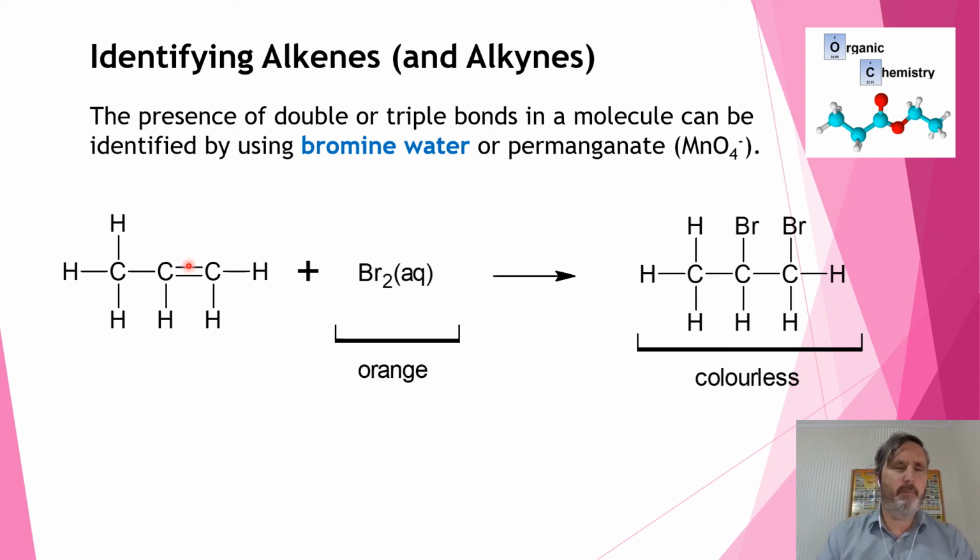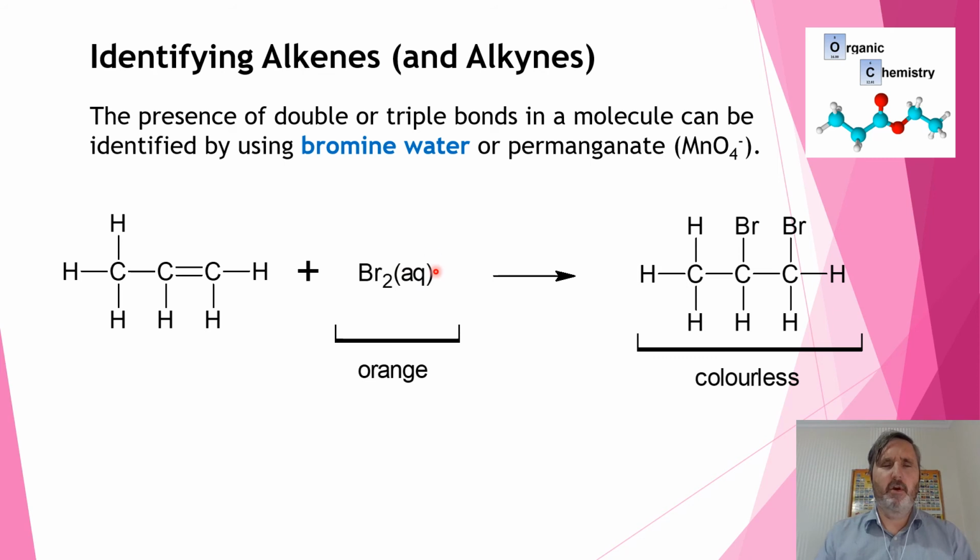That is, one of these bonds breaks and it forms a bond with the halogens here. Now, because this bromine is dissolved in water, we say aqueous here, and it's orange for a start, when it has been added to the new molecule that is colorless, when the reaction happens, the orange color will disappear and it will go colorless. And we will notice that.